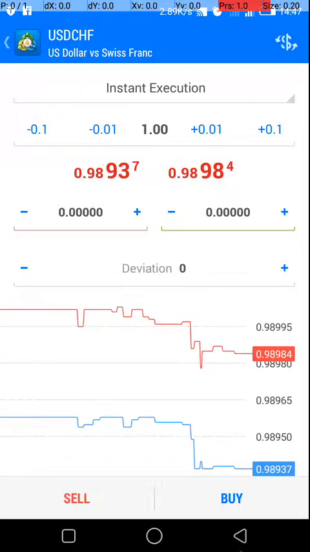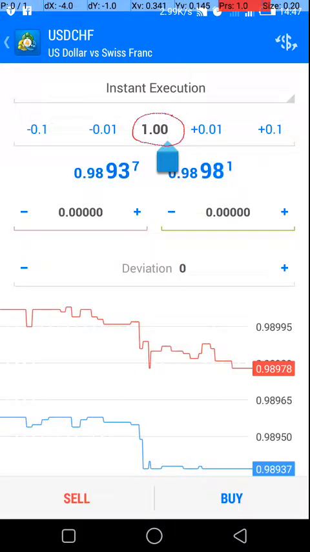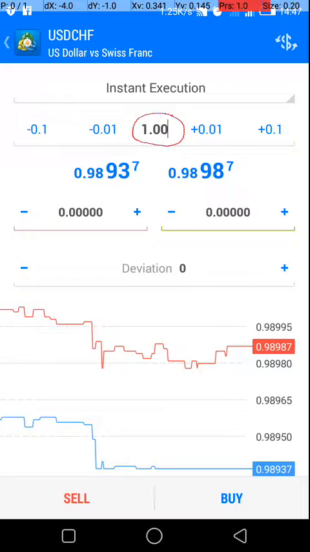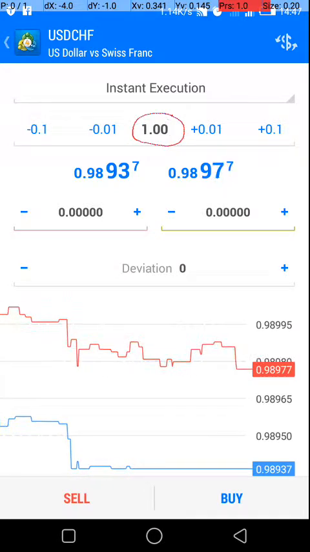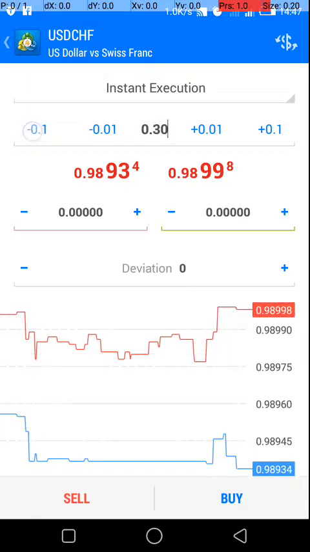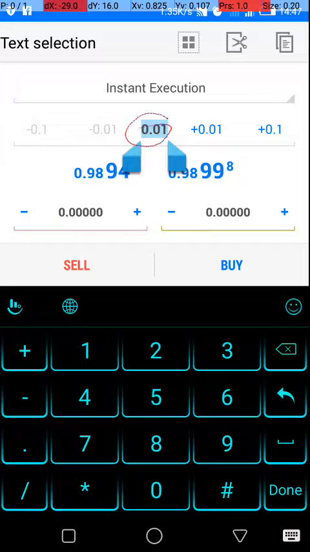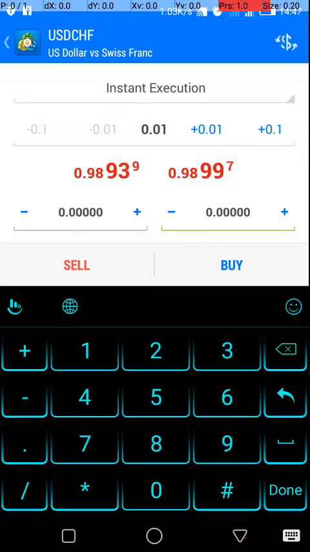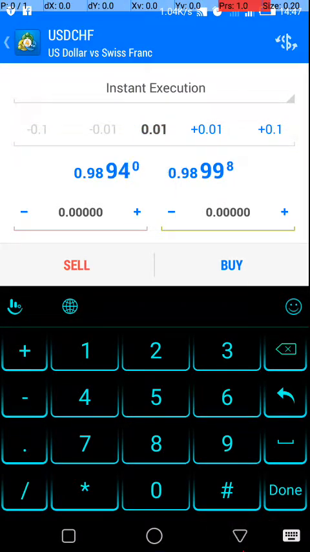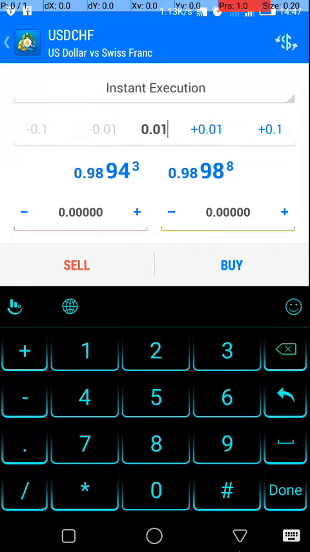In this case, it means I want to trade with 100,000 United States dollars in exchange for Swiss francs. That is one lot. If I go lower, like this to 0.01, it means I want to exchange 1,000 units of United States dollars in exchange for Swiss francs.